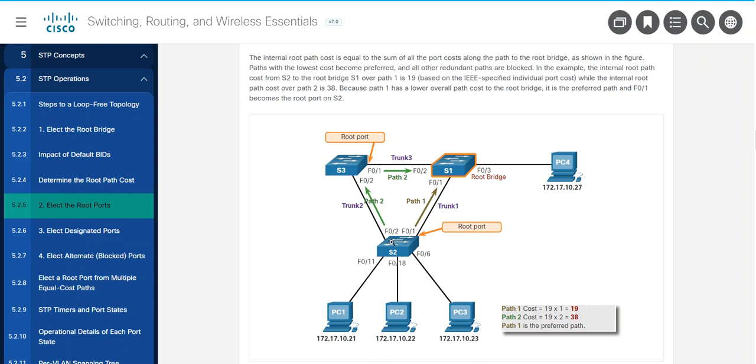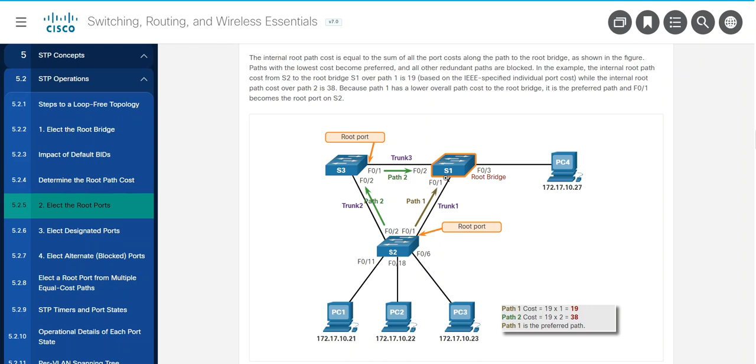So the cost value would be 19 and then 19. Some information was left out here. You would normally have more information to determine this, but just going from your table, this is what I'm using as an example. So since the path cost here is 19 and here would be 19 plus 19 is 38, then this would be the preferred path.